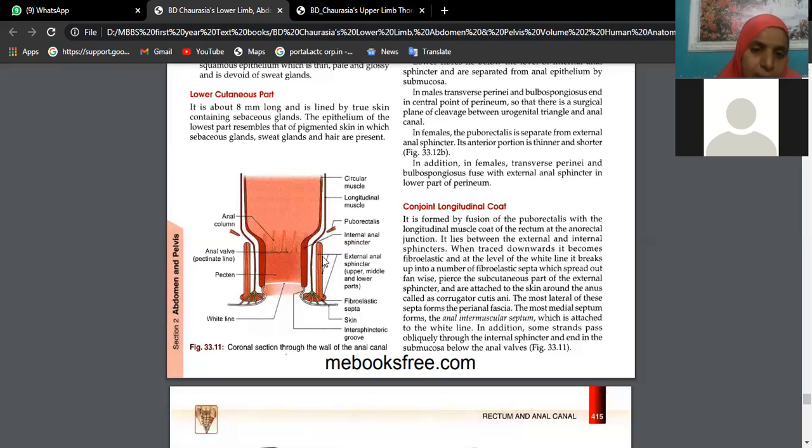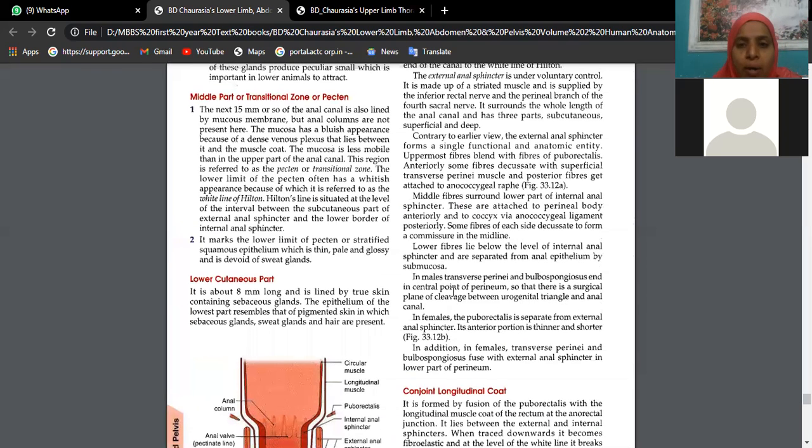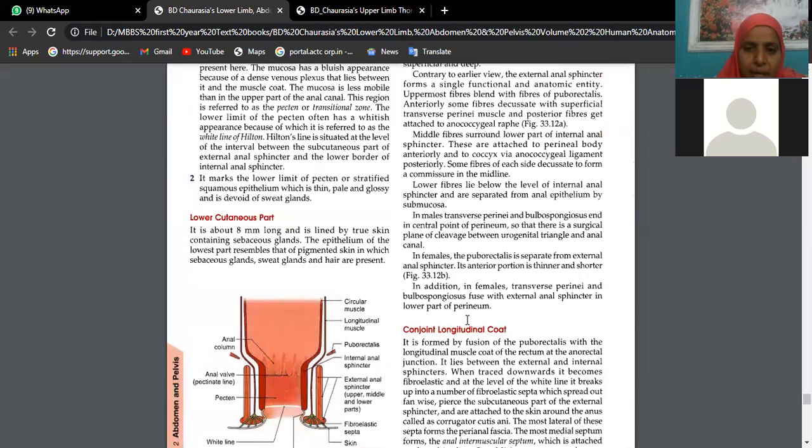How is that possible? Because this longitudinal muscle is fanning out to form fibromuscular septa and it gets attached to true skin. So this is all about the musculature of the anal canal. Just read this; by taking help of the picture you will definitely understand.